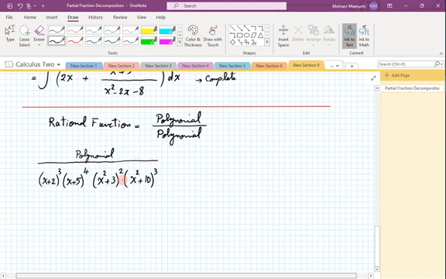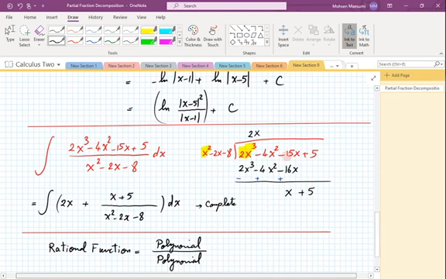Step 1, you check the degree of the numerator. If the degree is equal to or more than the degree of the denominator, you carry out a long division, just like what we did here. If you can divide, then you should divide so that the problem becomes easy. What is the telltale sign?